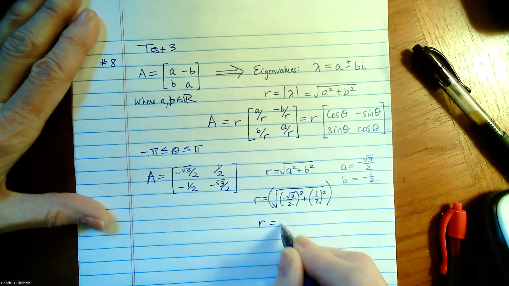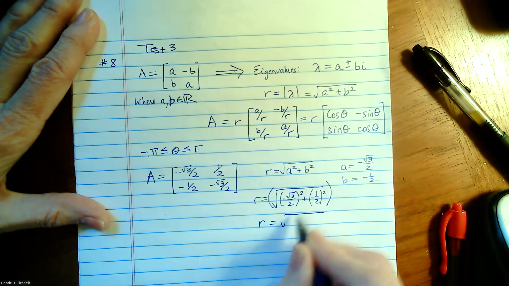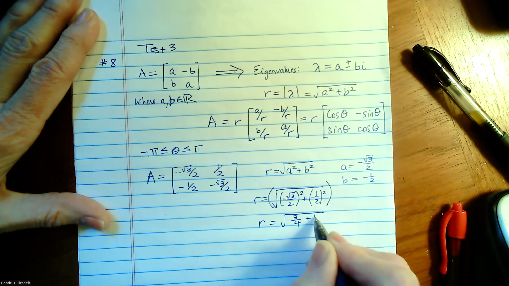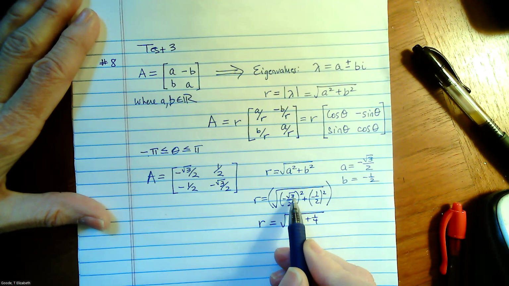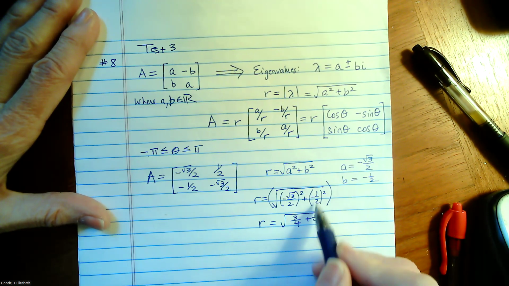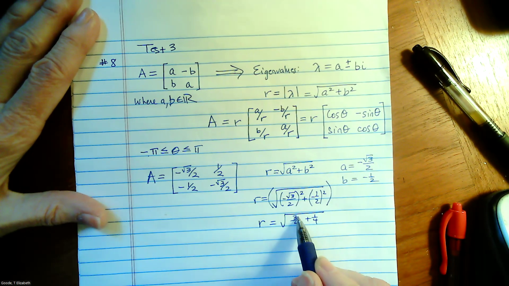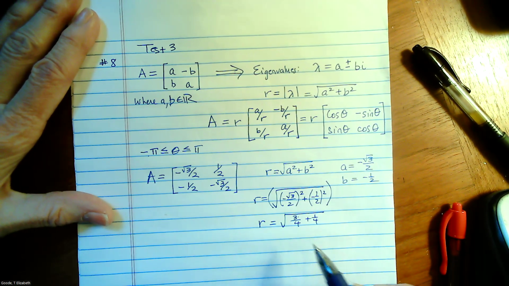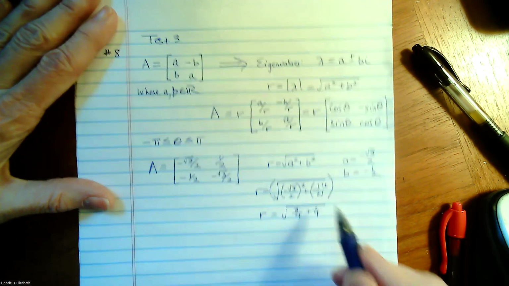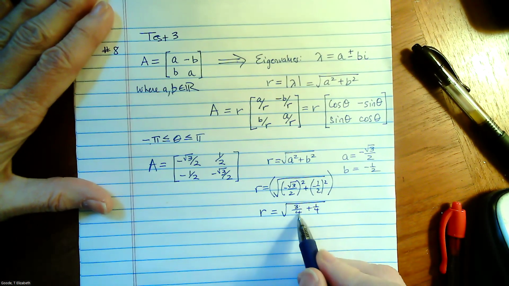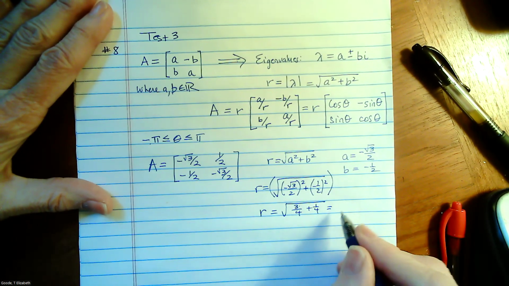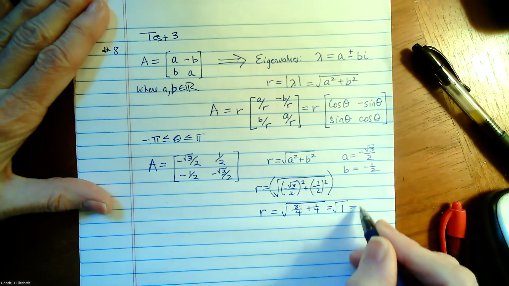So R turns out to be the square root of, well, 3/4 plus 1/4, because when you square the square root of 3, it becomes 3. When you square 2, it becomes 4, right? So when we square a fraction, it's the numerator squared divided by the denominator squared. Yep. And same here. Oh, but what's 3/4 plus 1/4? 1. So R is actually 1.